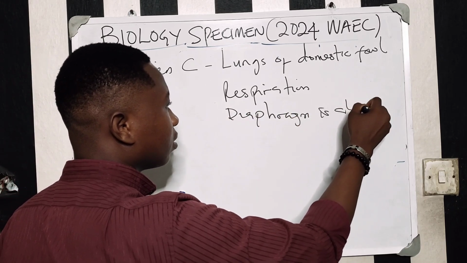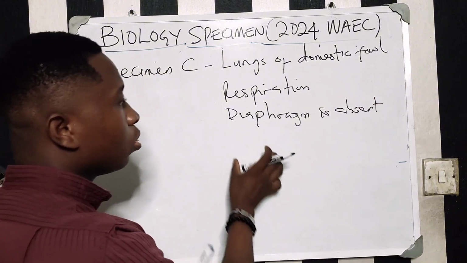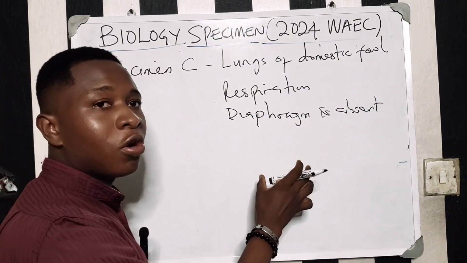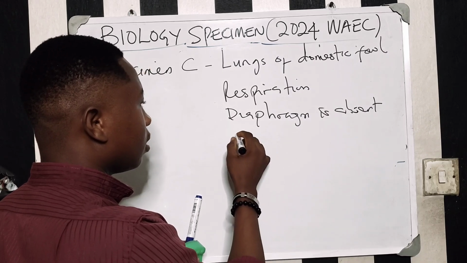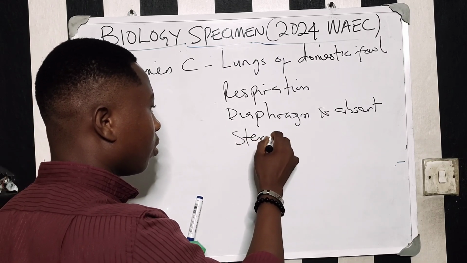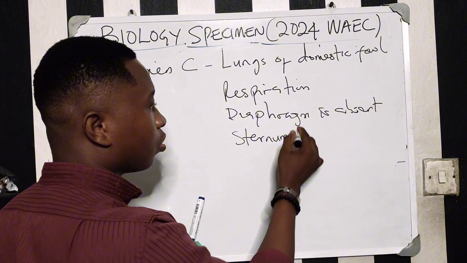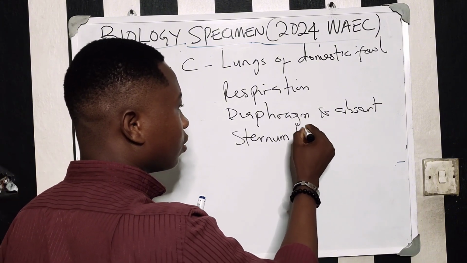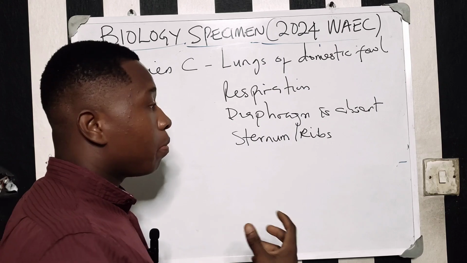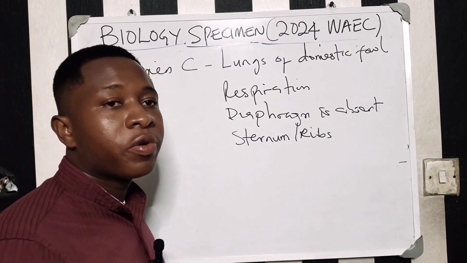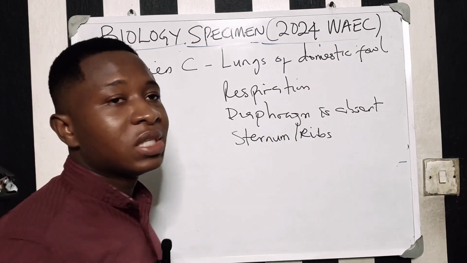A structure plays the function of the diaphragm, and that structure is the sternum, also called the breastbone, and the ribs. So the ribs and the sternum help to make respiration possible in domestic fowl.